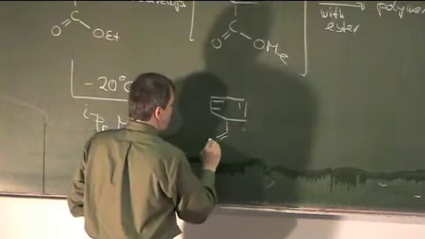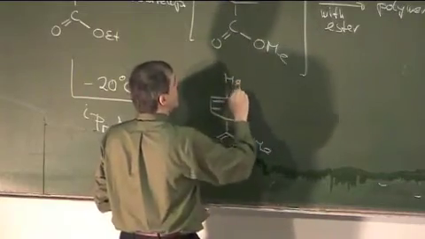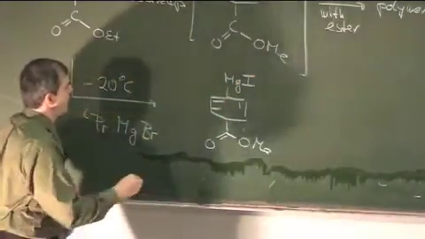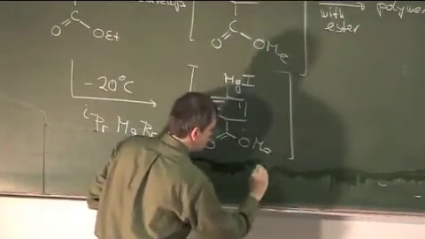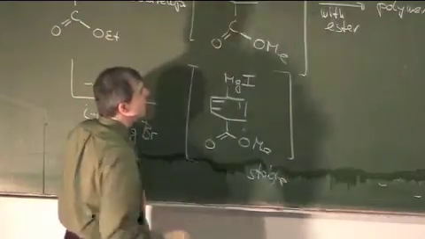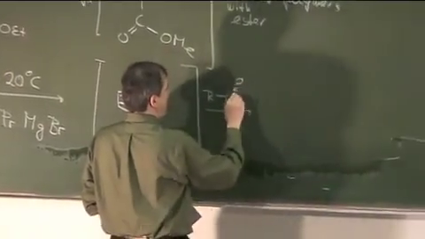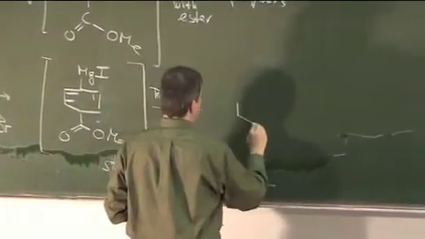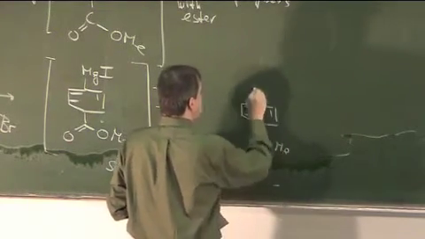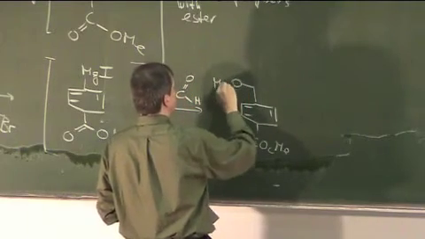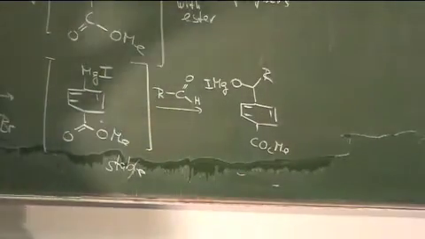And at minus 20 degrees, the forming Grignard now is stable. And subsequently, for example, treated with an aldehyde, you can trap it and introduce the electrophile you might be interested in.